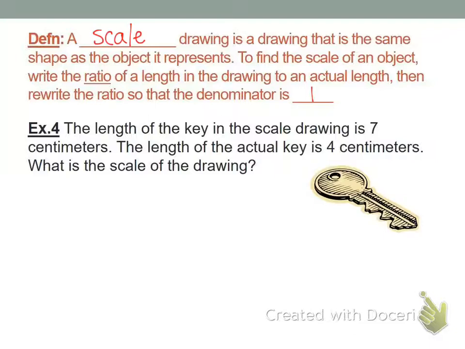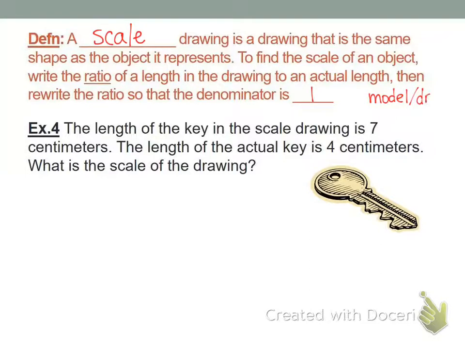It is possible to use scales where the denominator is not a 1, but for the traditional method, you want a denominator of 1. Another thing I'll mention before we keep going is that the drawing, or the model, is sometimes what it's called.